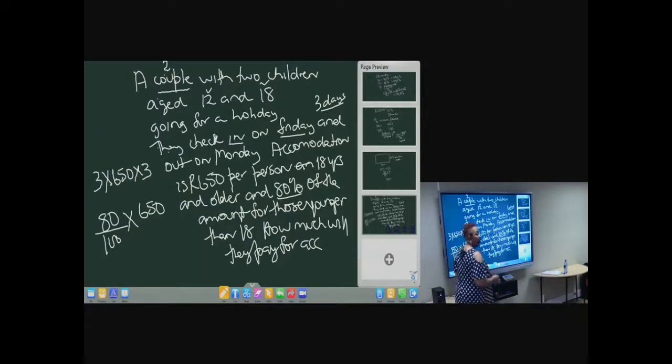Then it will be the amount now for one person. 80% of 650 is 520, and it will be for 3 days.